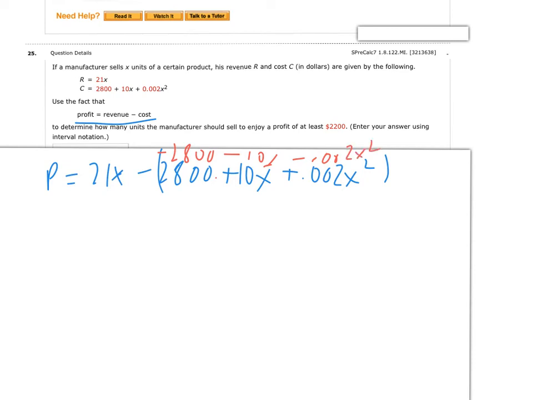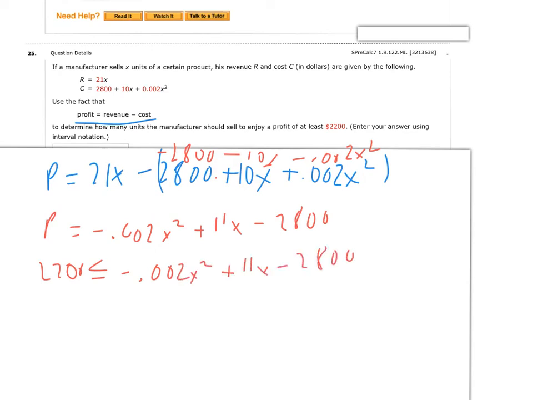And we'll go ahead and combine like terms here. So I get negative 0.002x squared plus 11x minus 2,800. That's our profit. And then we want our profit to be at least, so I want it to be greater than or equal to 2,200. So I want 2,200 to be less than my profit. So I'm going to plug that in over there.